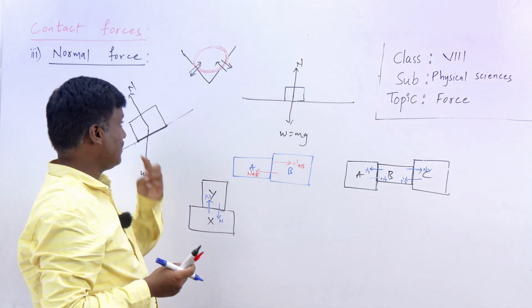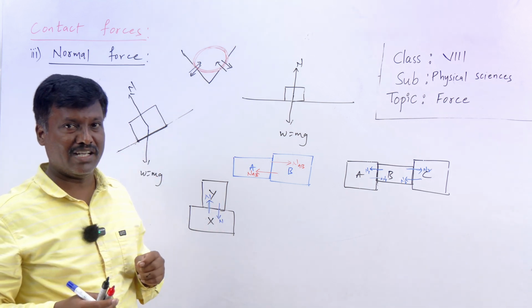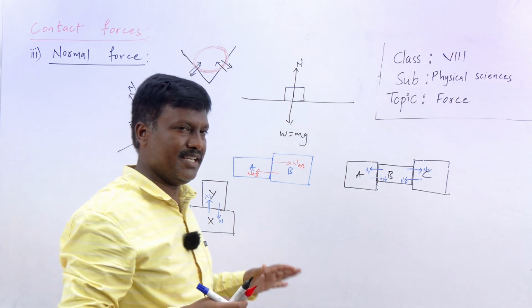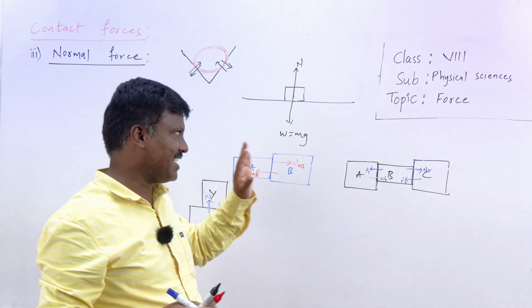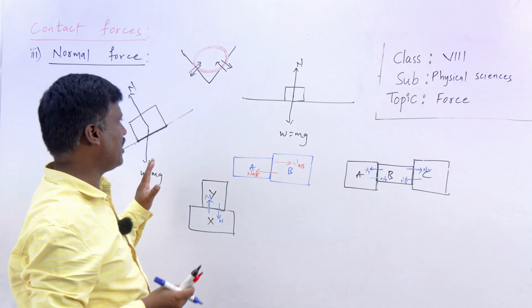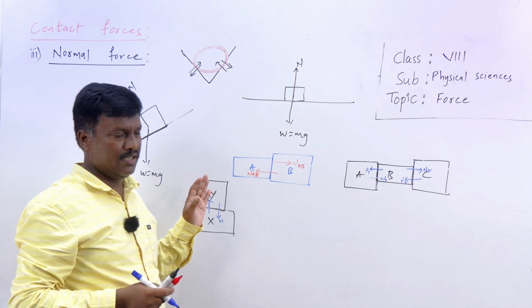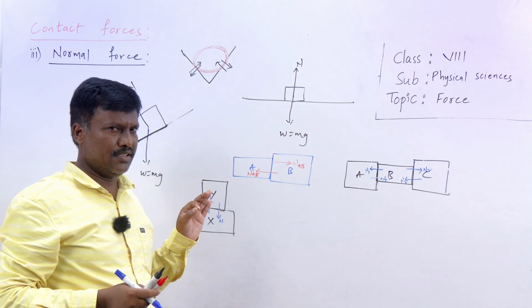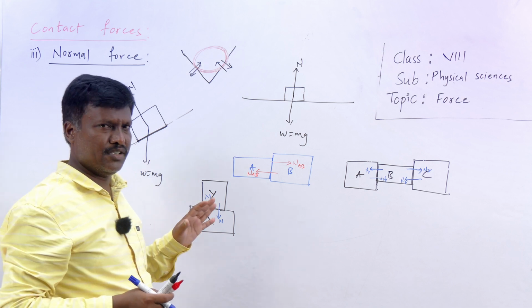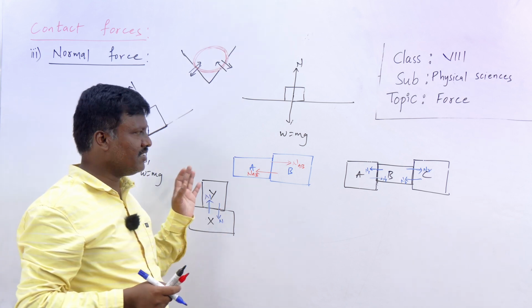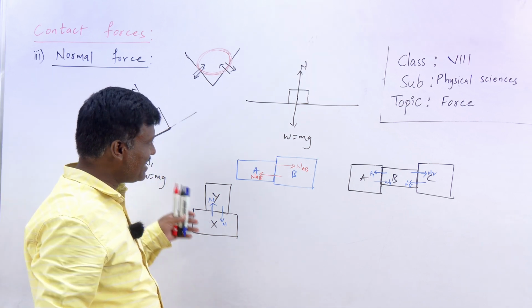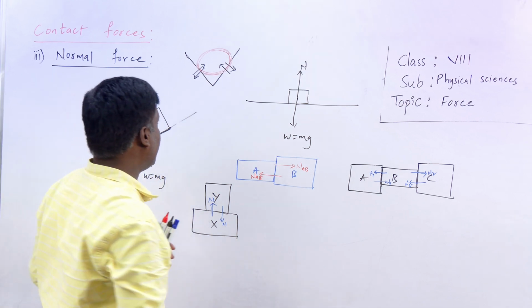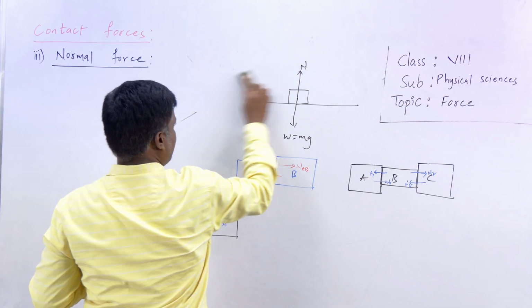Right. So I hope you understand the basic thing, because I explained many examples. As you are 8th class students, understanding the normal force is a little challenging, but I'm expecting that with these examples you understand the normal force in a better way. So from this discussion, we can define the normal force in this way.